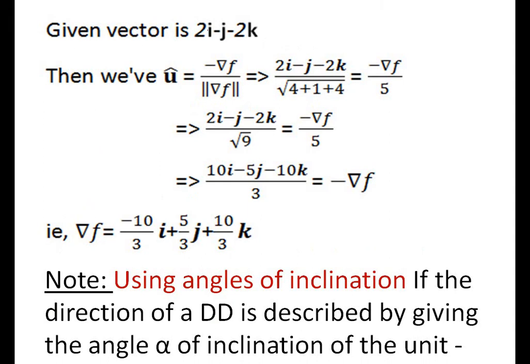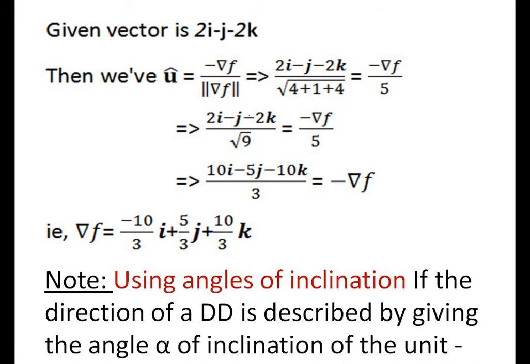Given vector is 2i minus j minus 2k. We want to find the unit vector corresponding to this vector, that is, dividing this vector by its magnitude. Then we have u cap equal to minus del f by norm del f for the minimum value of the directional derivative, which gives 2i minus j minus 2k by root of 4 plus 1 plus 4, equal to minus del f by 5.